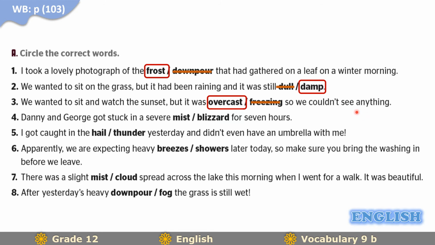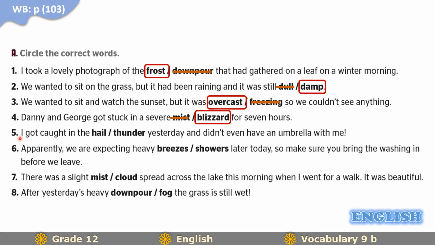That's why we couldn't see anything. Sentence number 4. Danny and George got stuck in a severe mist or blizzard for 7 hours. The right answer is blizzard. Excellent. Which means storm with snow and strong wind.